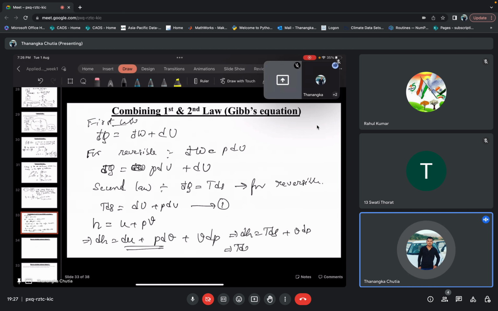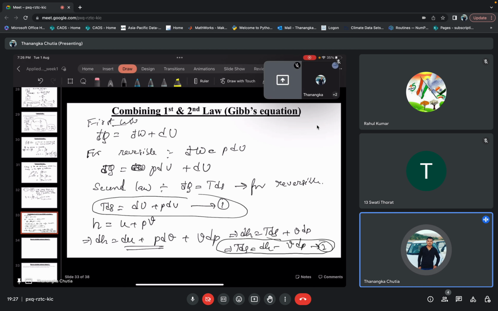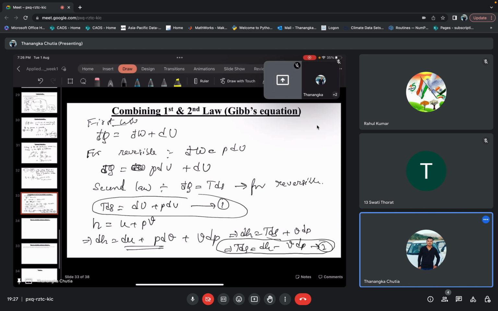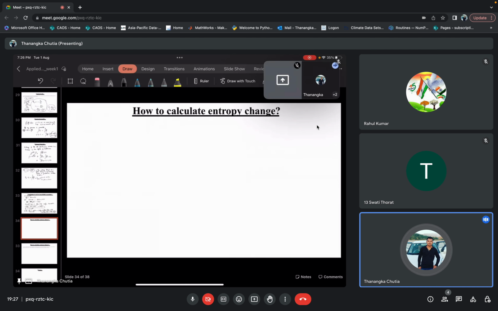So TdS equals dH minus VdP. This is your equation 2. These two equations are known as the Gibbs equations, or sometimes called the TdS equations.